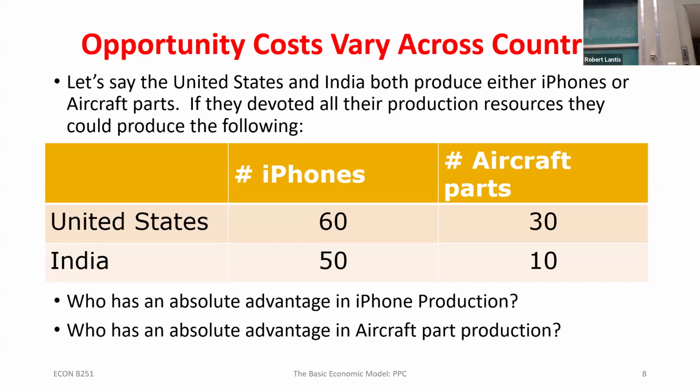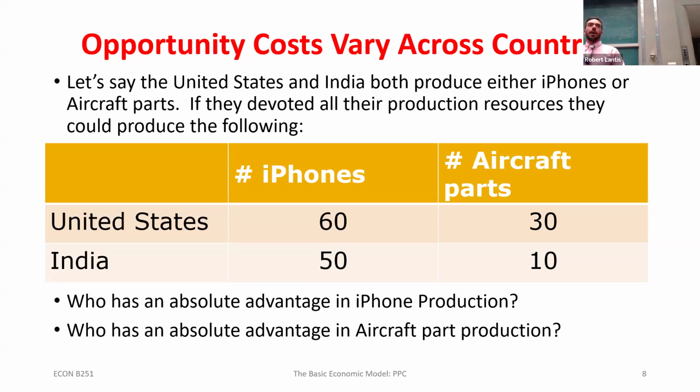Well, we said the cost of the x-axis good is just the slope. So what's my change in y over change in x, or rise over run, between these two points? 60 over 30, or for every aircraft part, we're giving up producing 2 iPhones. These numbers probably don't make sense, but they're easy numbers that give us a nice example here.